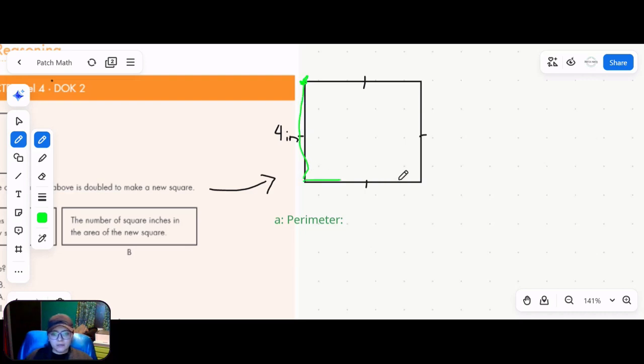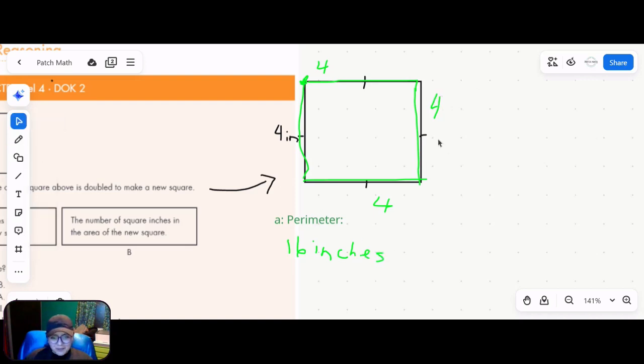Keep traveling. 4 more inches. That makes 8 inches. 4 more inches. That makes 12 inches. And 4 more inches. That makes 16 inches total. And we can define it as how many inches does it take to travel around the square completely.